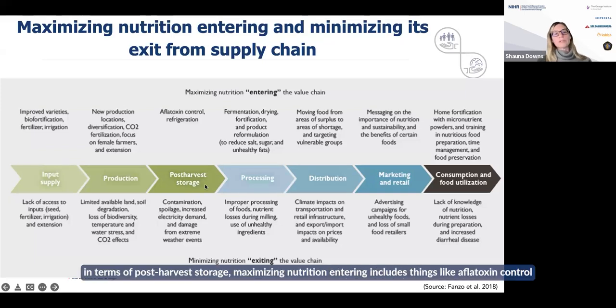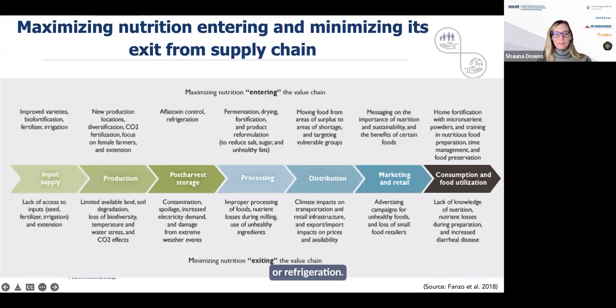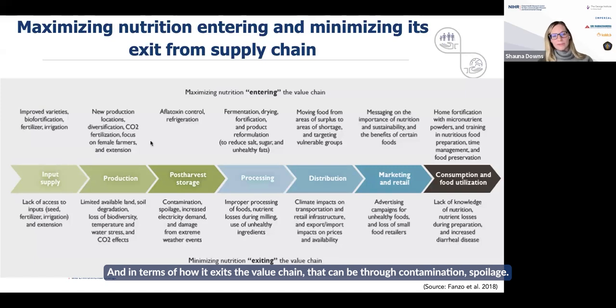In terms of post-harvest storage, maximizing nutrition entering includes things like aflatoxin control or refrigeration. And in terms of how it exits the value chain, that can be through contamination, spoilage.